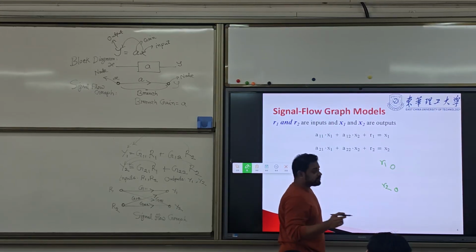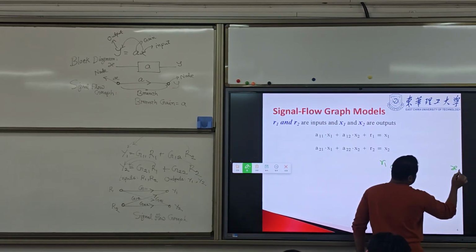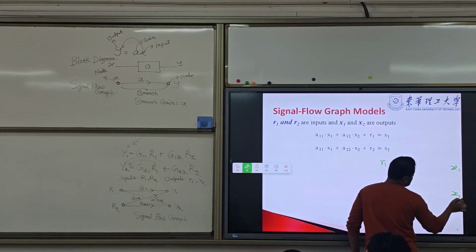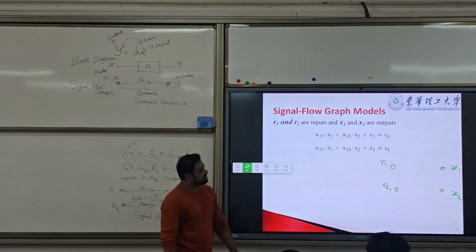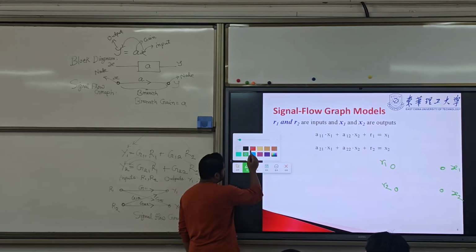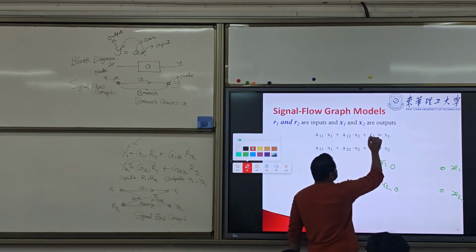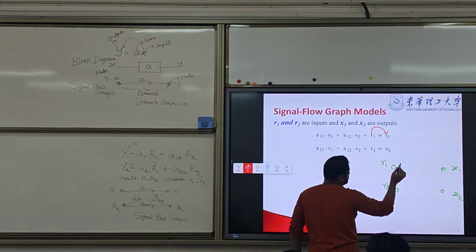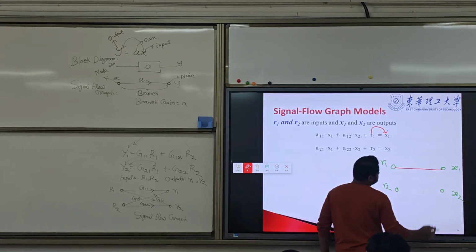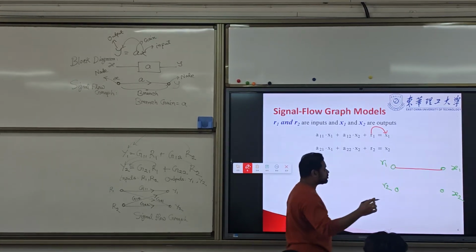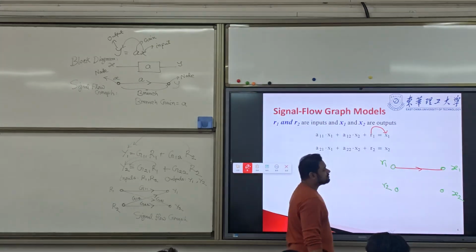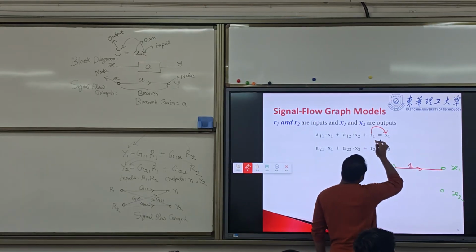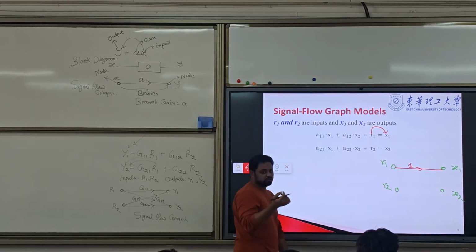Then X1 and X2 are the outputs, two more nodes. Now, how is the signal flowing? The signal is flowing from R1 to X1 in this direction. What is the gain? It is 1, because with R1 we just have nothing, so it's 1.